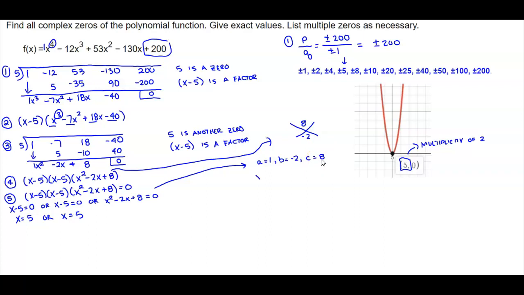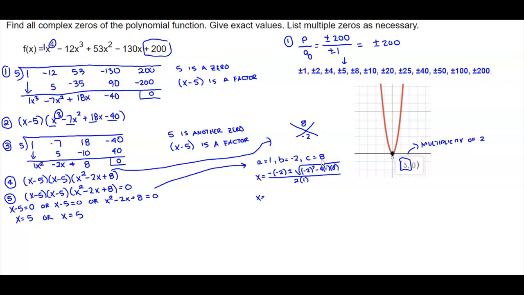Using the quadratic formula, x is going to equal negative b, which is negative 2, plus or minus the square root of b squared, which is negative 2 squared, minus 4 times a times c, which is 8, and then we divide that by 2 times a, which is 1.